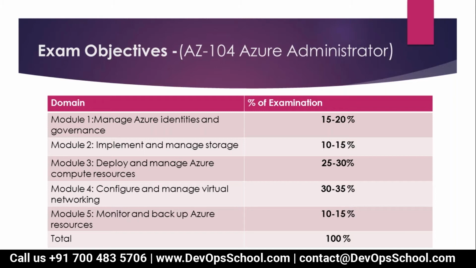That is the reason I told you what AD is. Now here we are going to discuss how to implement AD and how to enable MFA. What is the full form of MFA? Multi-factor authentication.